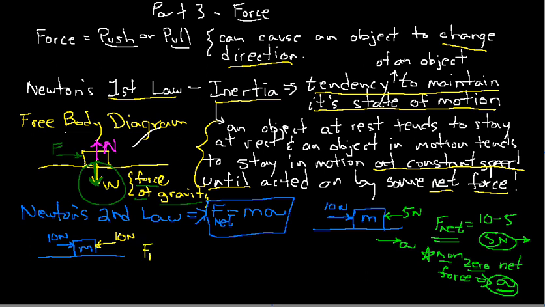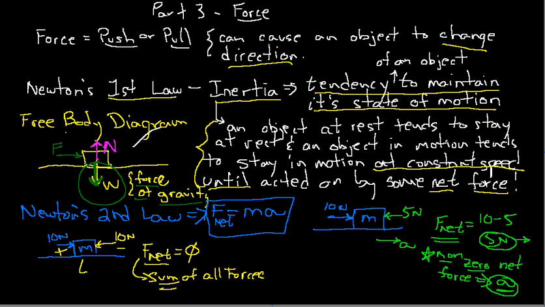Then our net force in this case is simply 0, because I'm pushing 10 to the right, you're pushing 10 to the left. The net force is the total, or the sum, of all forces. So if we've got a plus 10 here and a minus 10 here, we get 0. So there is no net force.